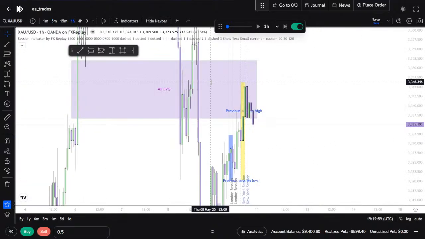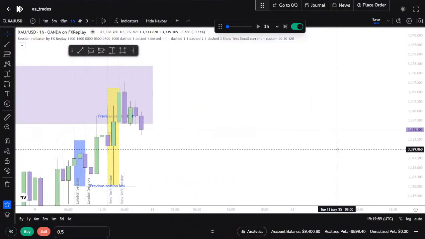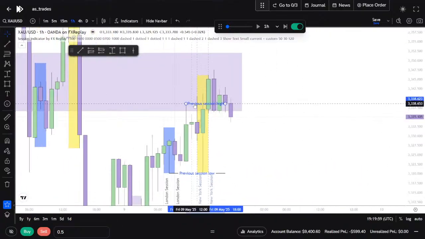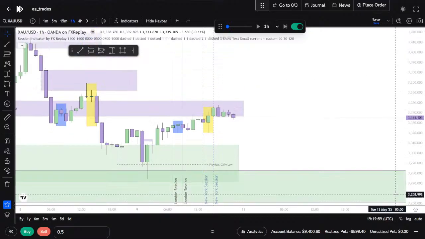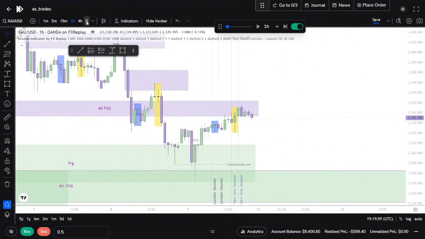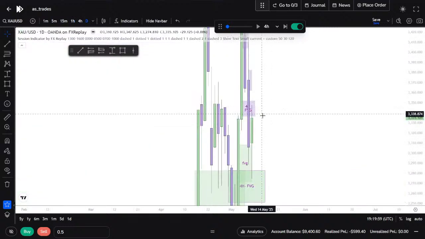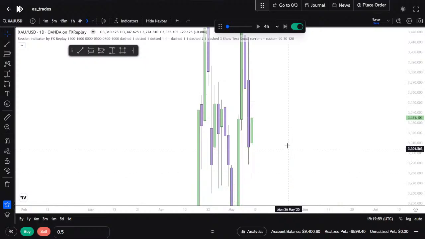But we're going to have to wait now till, let me get rid of this. I kind of want to get rid of all of this other noise on the market. Let's just remove drawings.